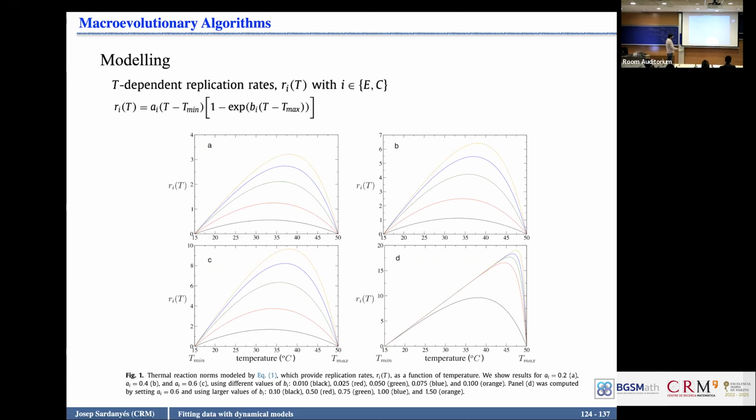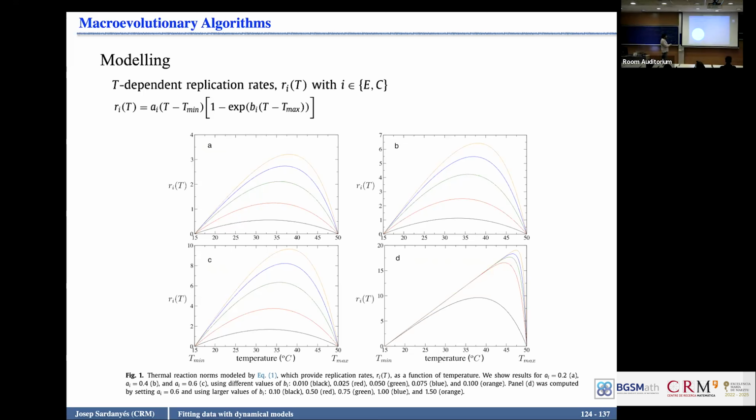These are arbitrary values for different values of A and B, giving different shapes. Maybe we have a shape like the one we might expect: at low temperatures plants grow slowly, because they depend entirely on the temperature for growing.